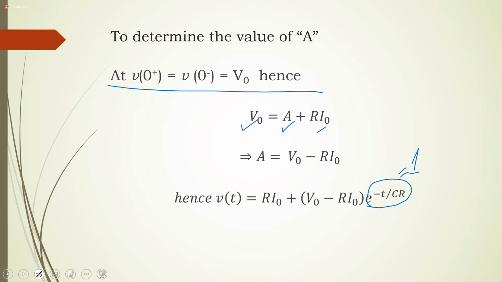Now, if that is equal to 1, what would V(t) be equal to? Let's substitute that 1 for this part.